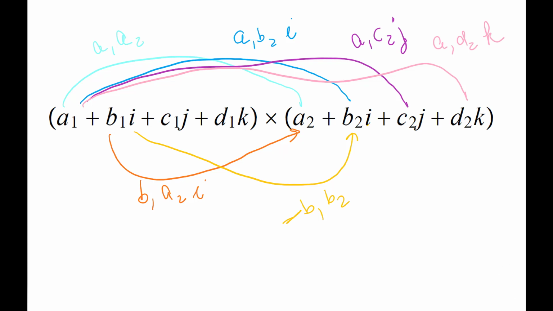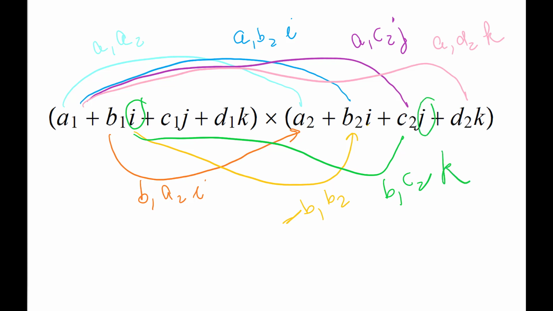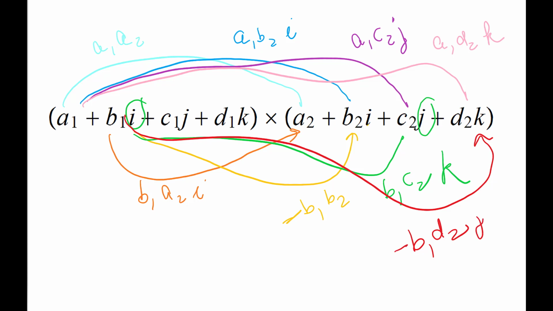And then we will have b1 c2, and what it gives is i cross j, so that will become b1 c2 k. And then we have, say, b1 d2, and that's i cross k, so that will become negative j.